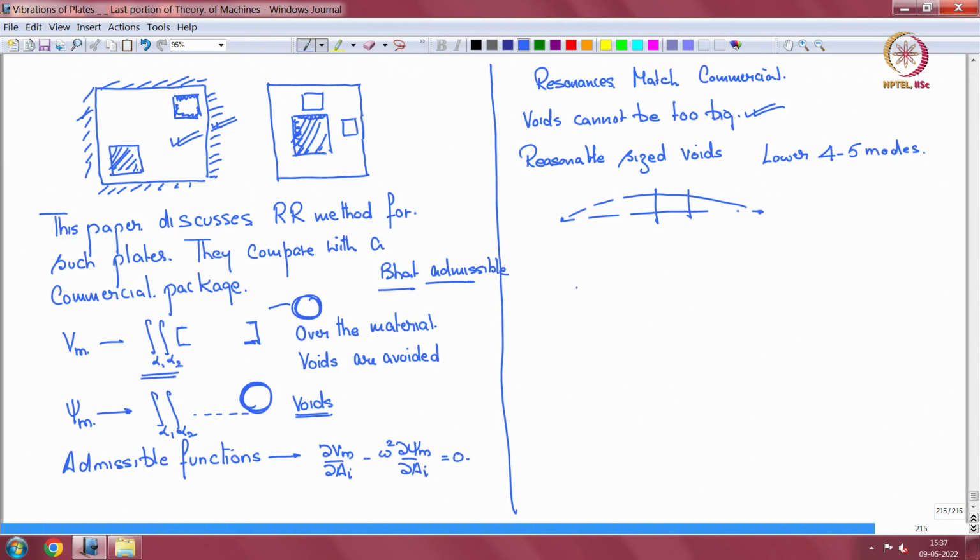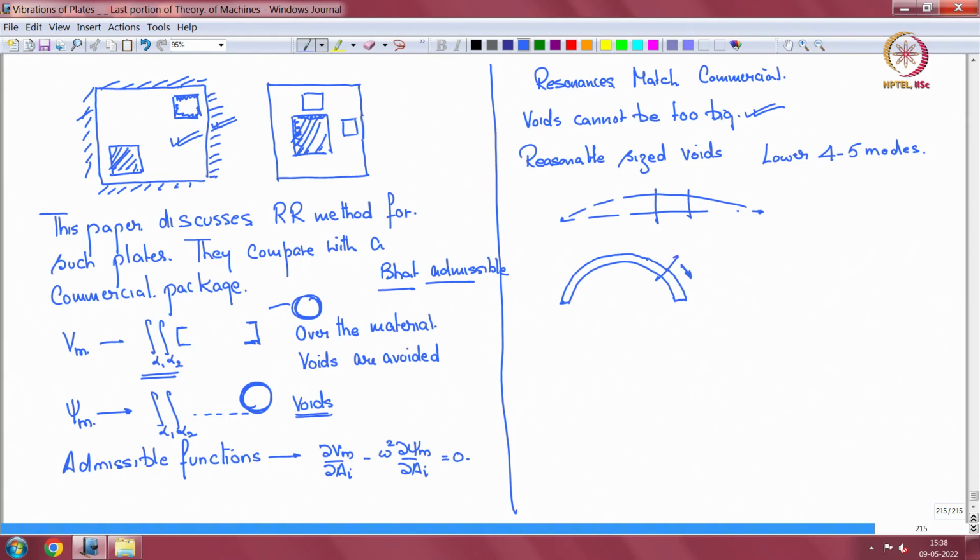Now we have not discussed partial rings, arches. These are difficult problems to find mode shapes, okay, because theta, the in-plane and transverse motions get coupled, and these are not easy to find exact mode shapes.